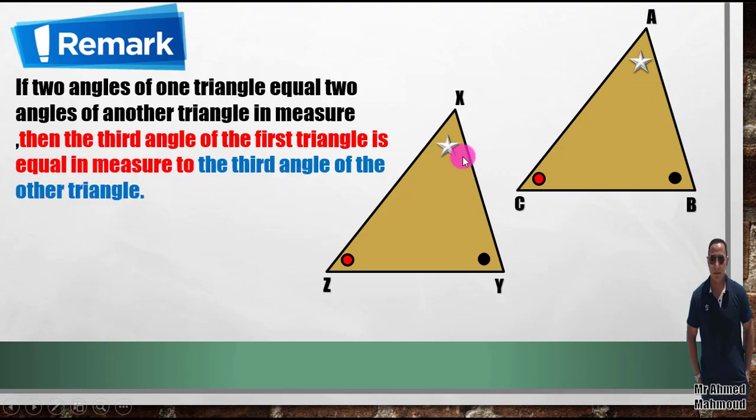So angle X equal to angle A. Briefly, if two angles equal two angles, so the third equal to the third. Okay, let's solve the next question.